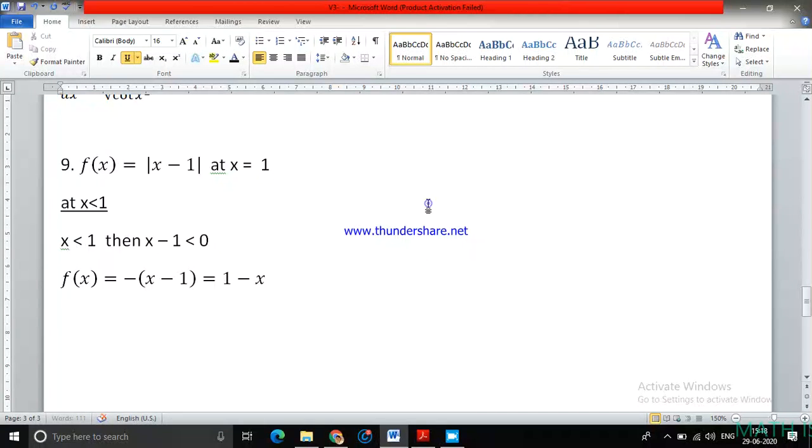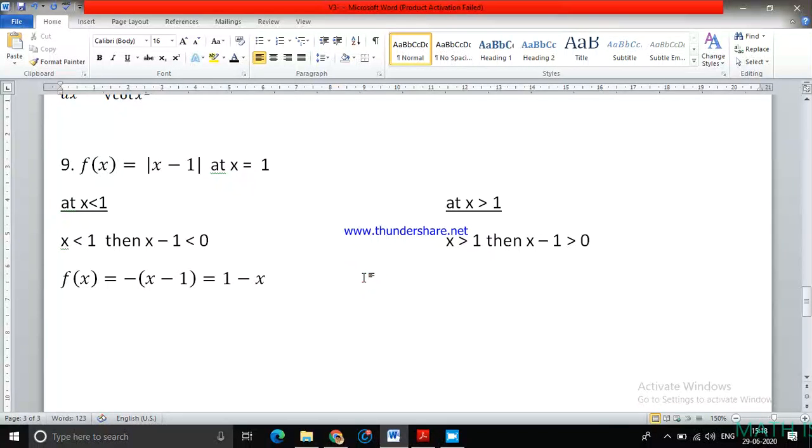Now if I go for the case at x is greater than 1. In this case, if I take x is greater than 1, then x minus 1 is greater than 0.